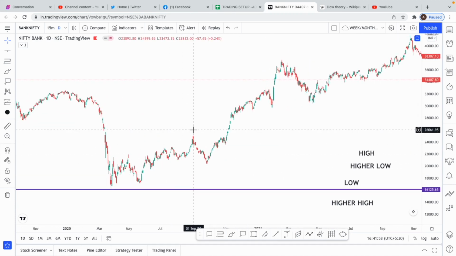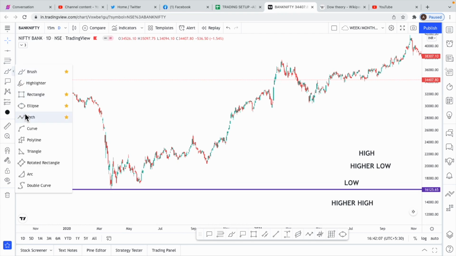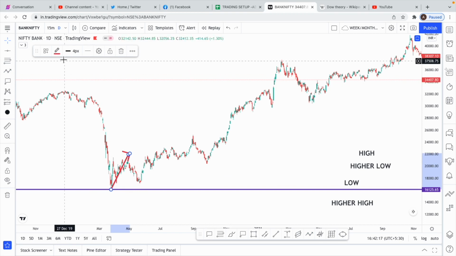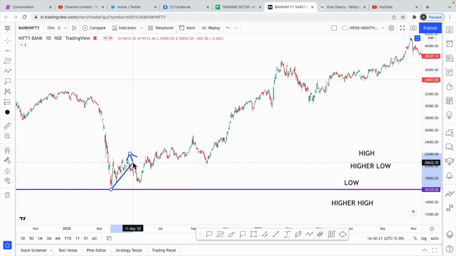So we had this COVID fall, right? After that, see what happened in the market. Let's plot it with this path so it will be easier to understand. See, the market went high. Let me choose a neutral color. See, the market went high from this point, right? The market went high and it came down. Fine.